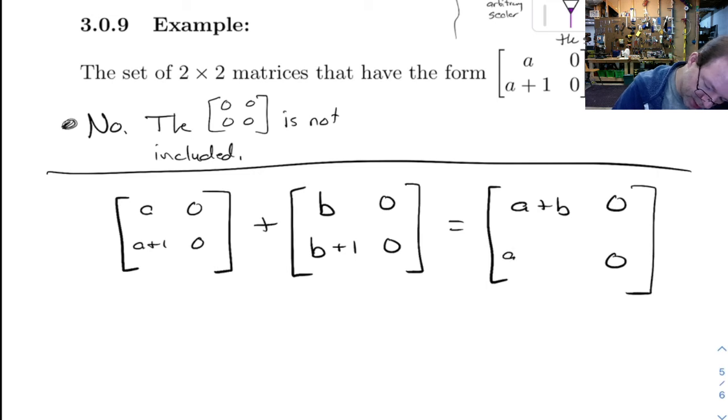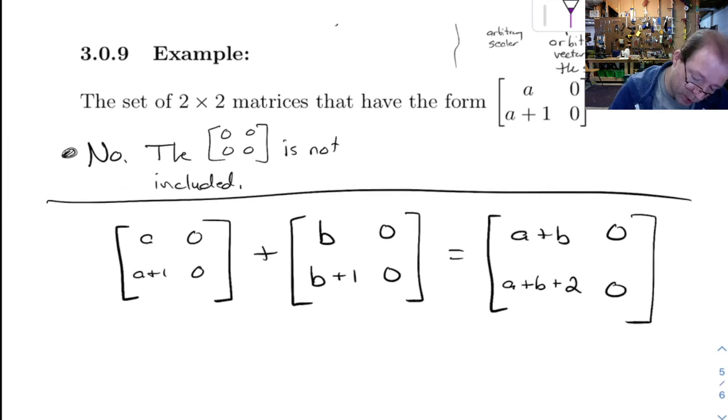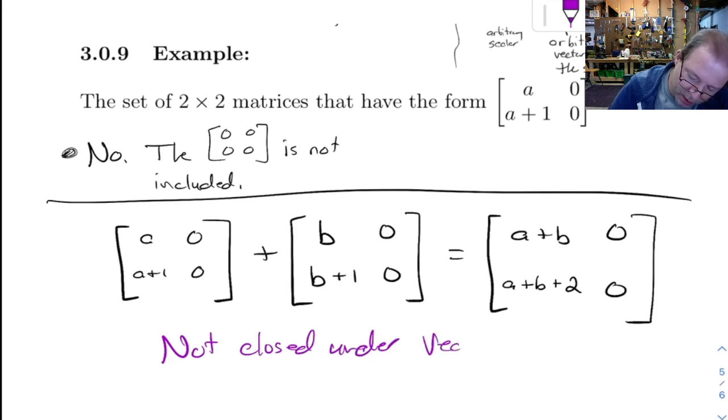And this down here becomes A plus B plus 2. Now the form that we're looking for here is that this entry is 1 more than this entry. And that's not the case on this guy. Because down here, this entry is 2 more than that entry. So that right there, we can look at that and say it's not closed under vector addition.